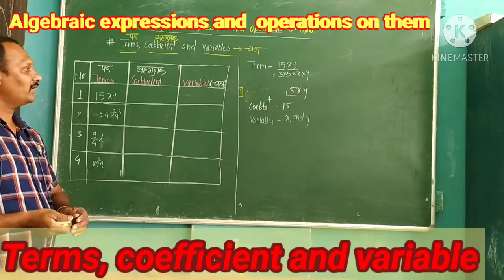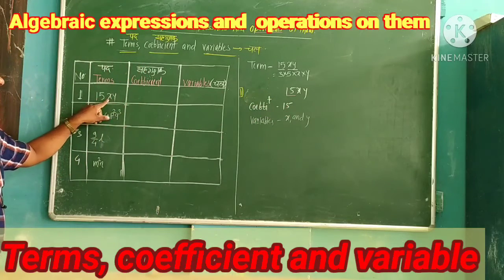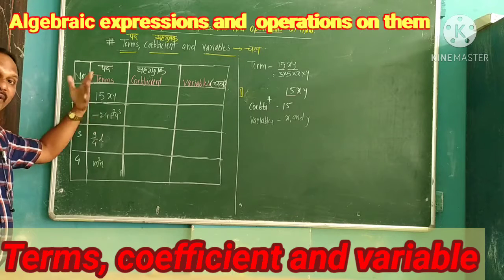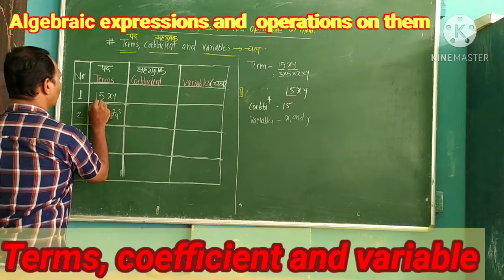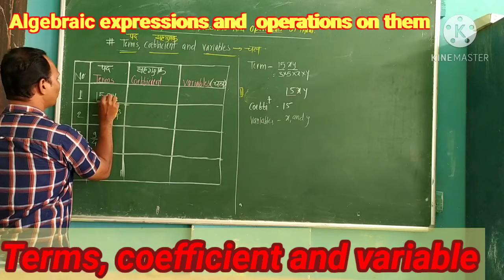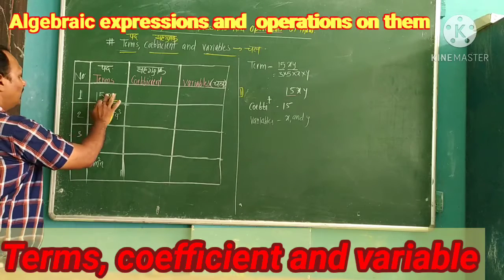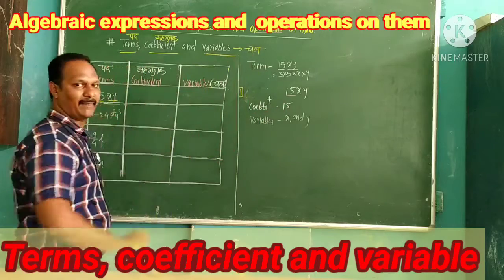Now coefficient is what? The number or digit in front of the variable is called coefficient.